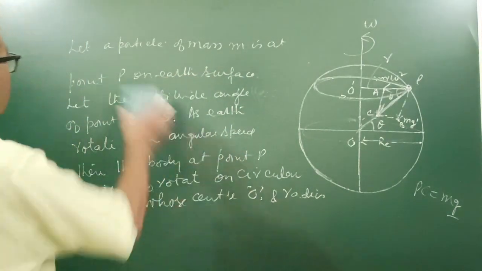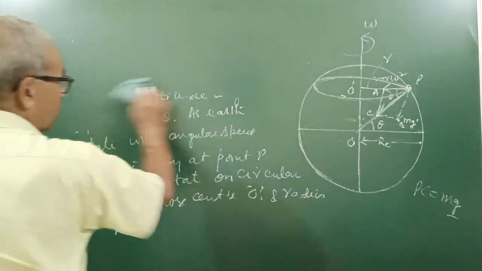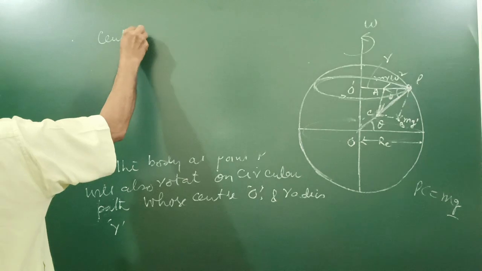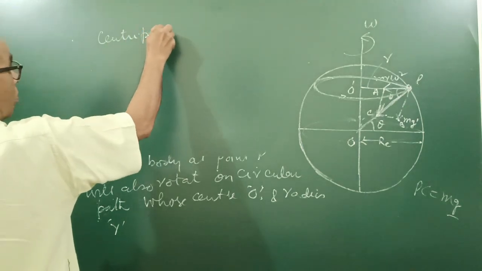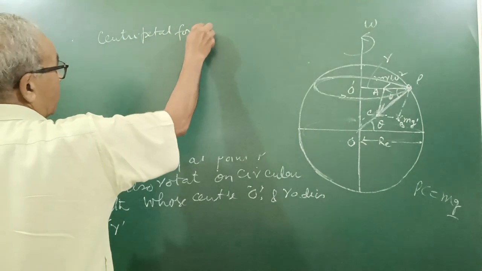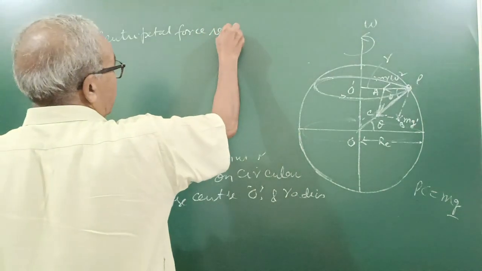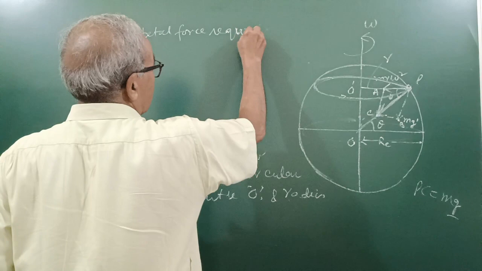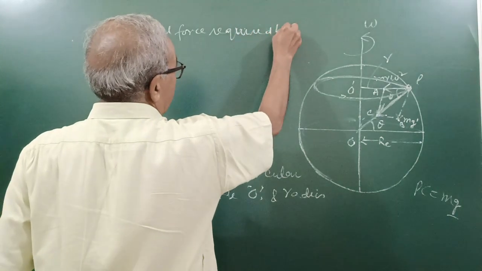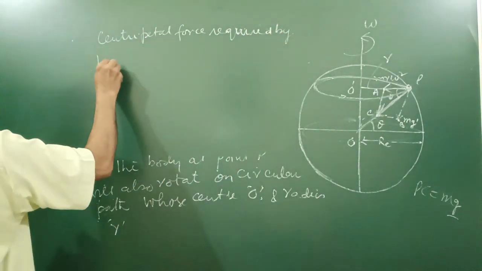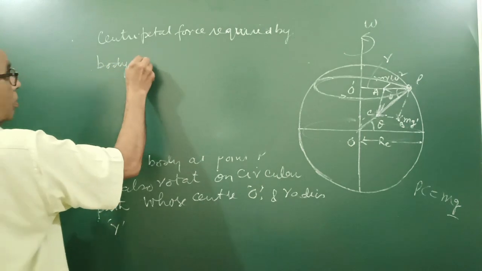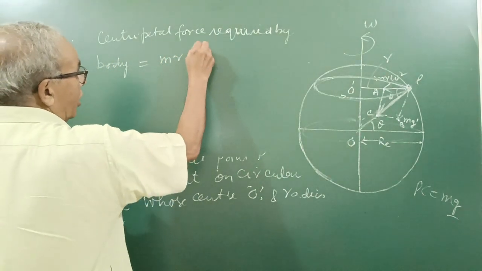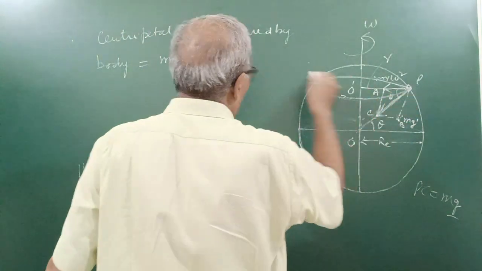The body will need centripetal force. So the centripetal force required by the body is equal to m r omega square, acting along PA.